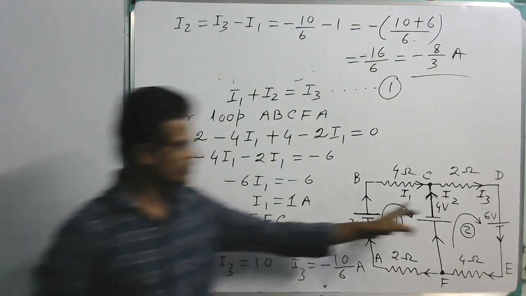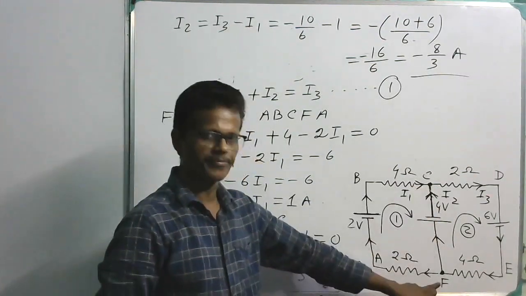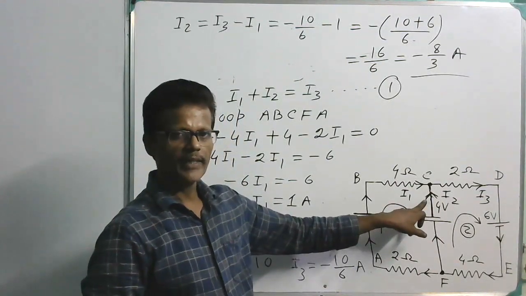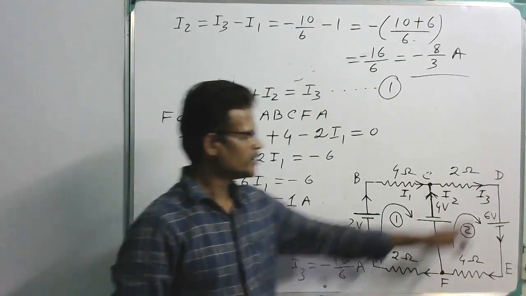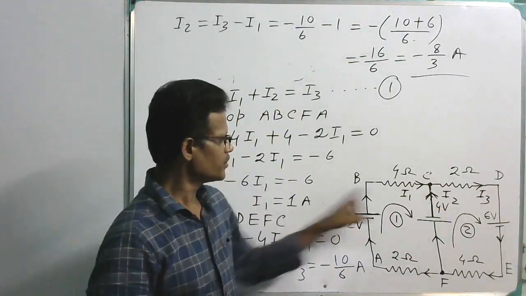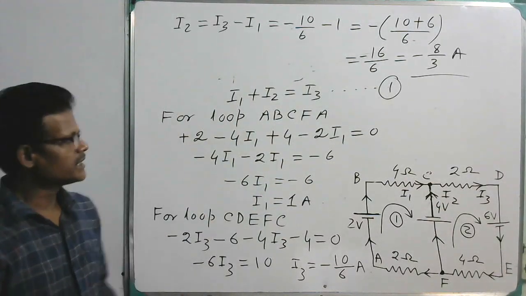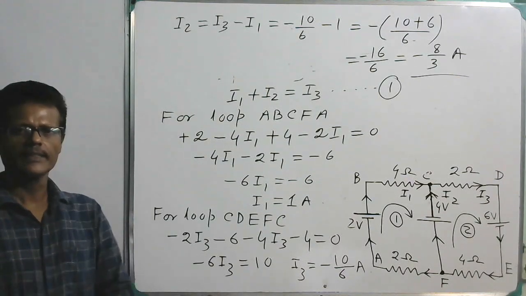So I2 is also minus. That means the direction of I2 is from C to F. This one is from D to C, and this one. So this is the complete analysis of a circuit.